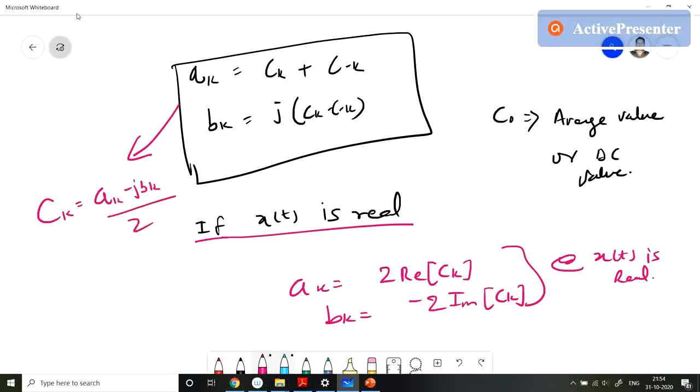Please check this relation. Similarly, c(-k) = (ak + j bk) divided by 2. Please check this relation also. So ck = (ak - j bk)/2, and c(-k) = (ak + j bk)/2.